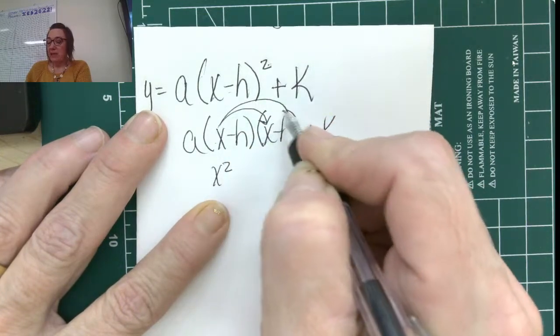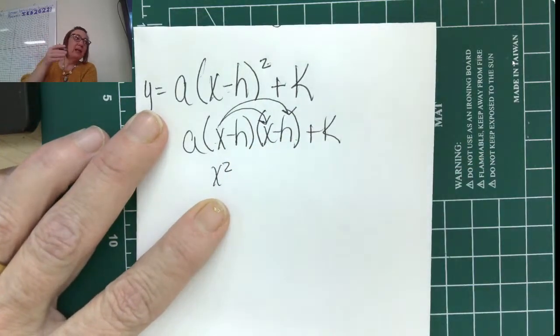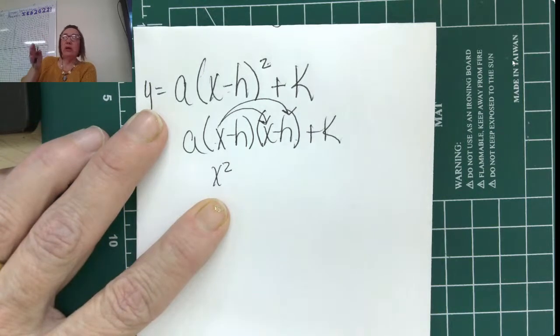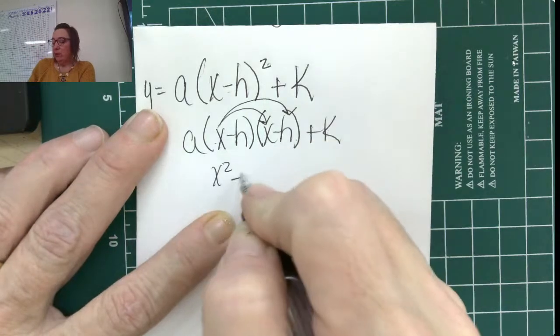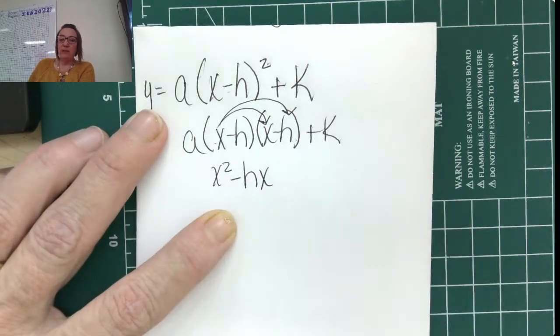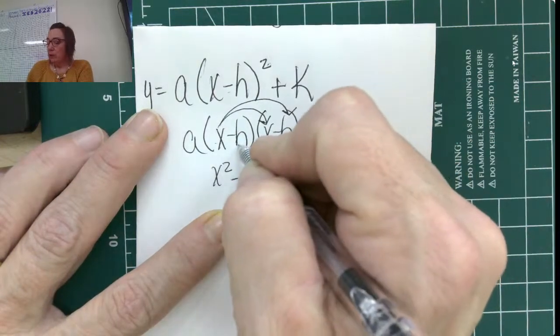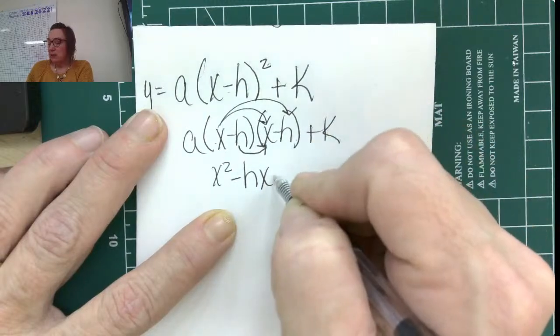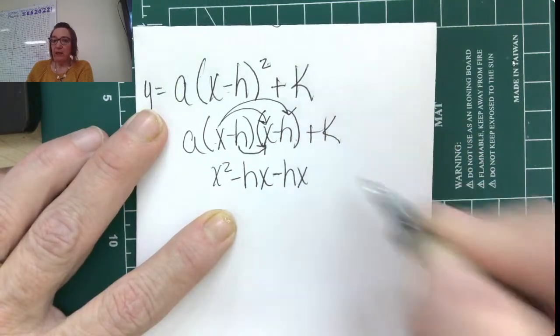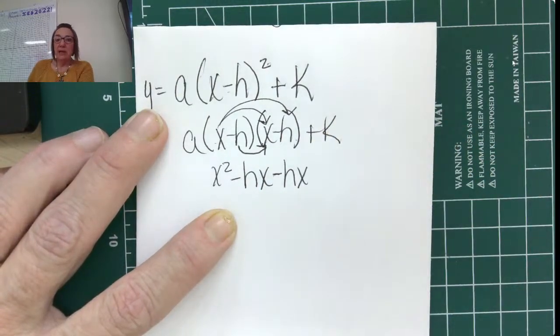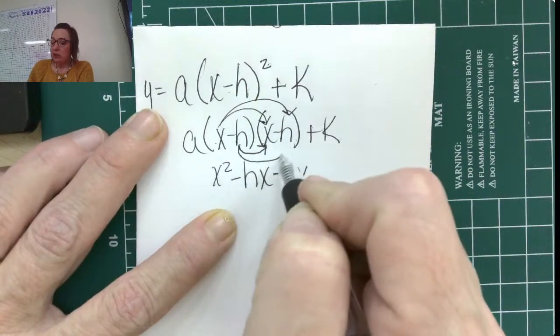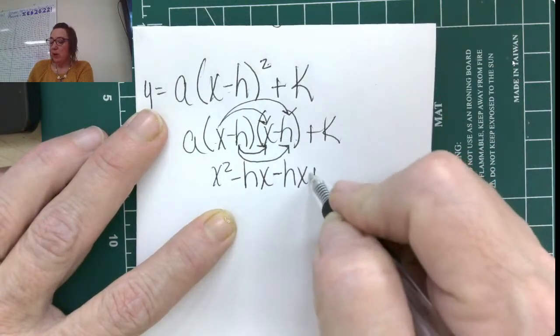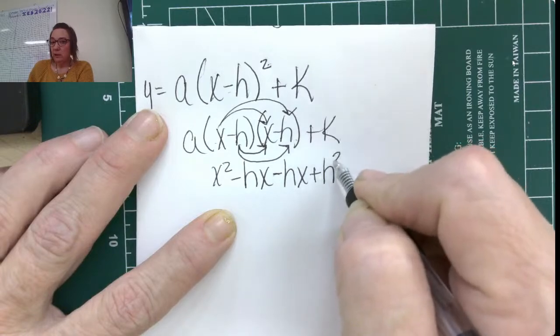X times negative H, and you can write it as negative XH or negative HX. It would go either way. I'm going to do it with the H first because X is my variable and H represents a number. And then negative H times X, so once again I get negative HX. And then negative H times negative H, which is positive H squared.